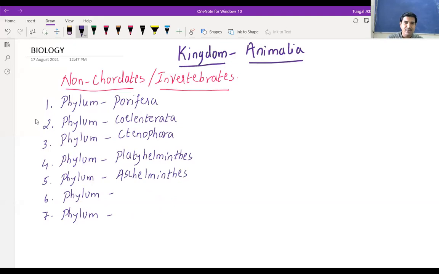We are taking them in a sequential order. Ascalmenthes, then comes Annelida, then Arthropoda, then Mollusca, and then the phylum Echinodermata.